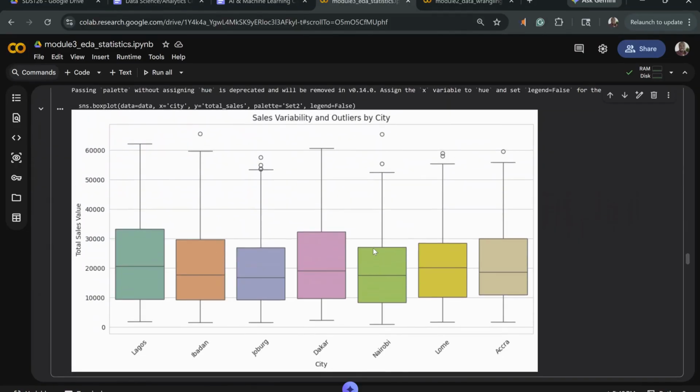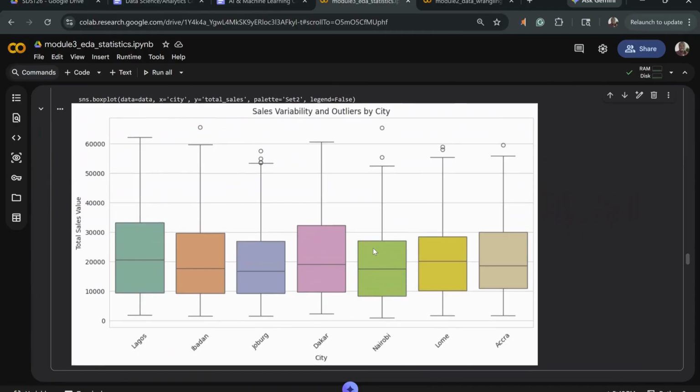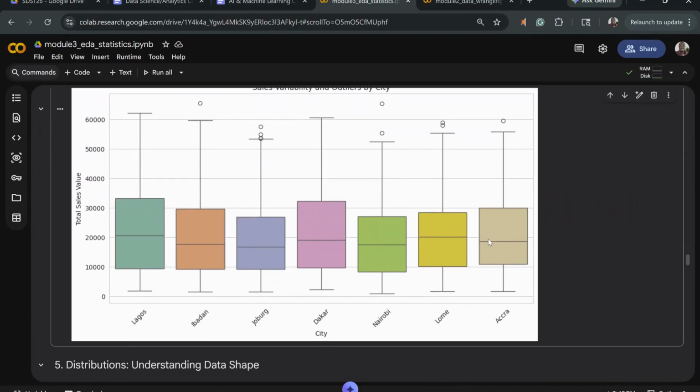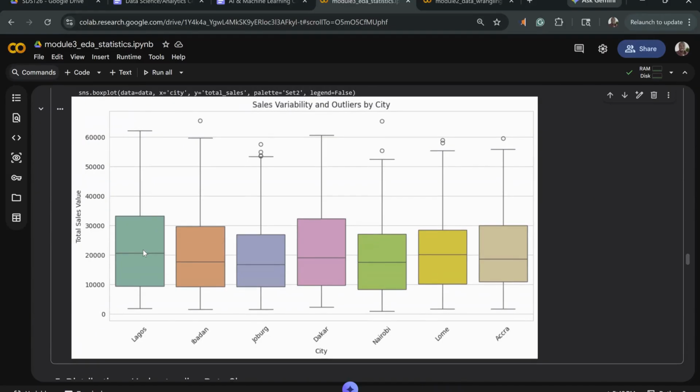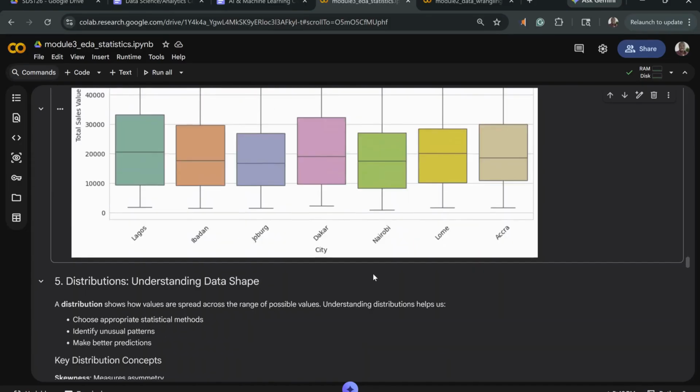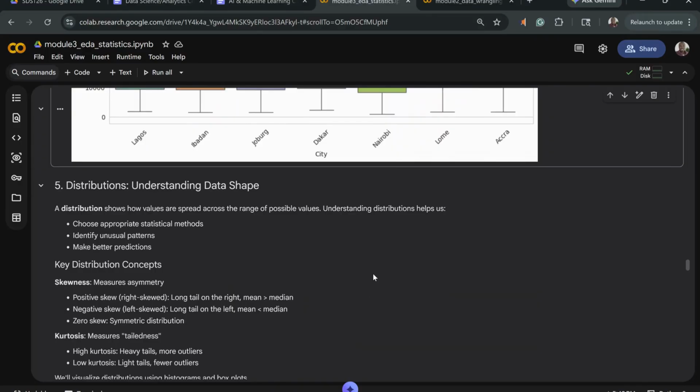This is a very insightful chart. At one look, you can see a lot of what is happening here. You can see that this one has a very tall box, which shows that the variability is high. Accra should have a very short one compared to Lagos, one of the shortest that we have there. That's how you look into your box plot.